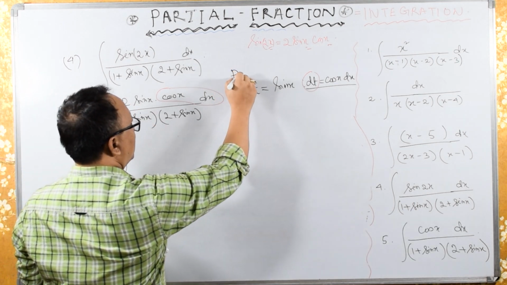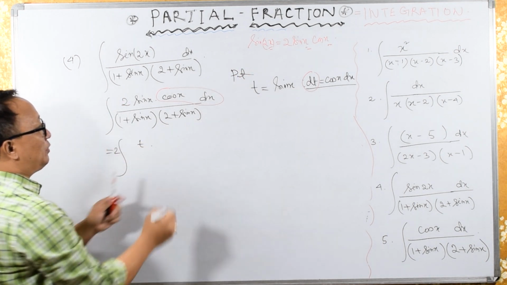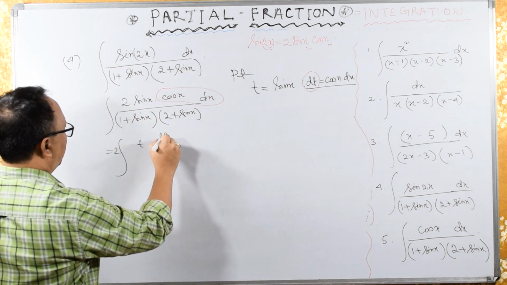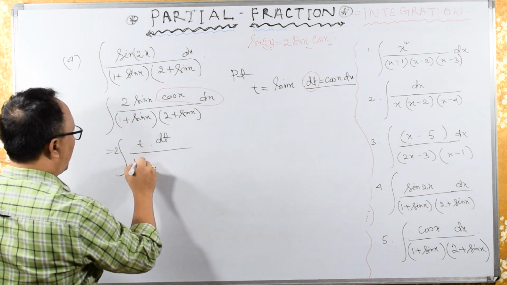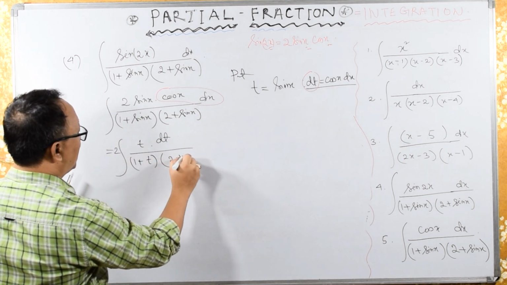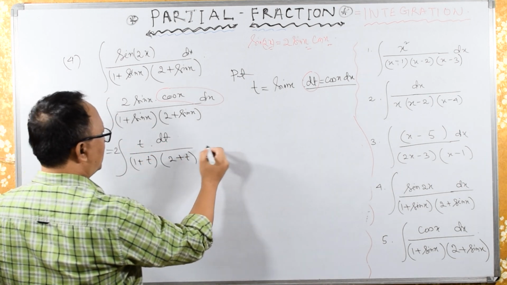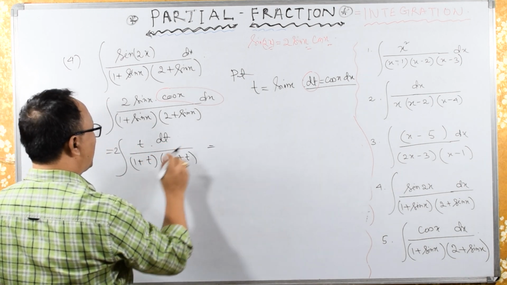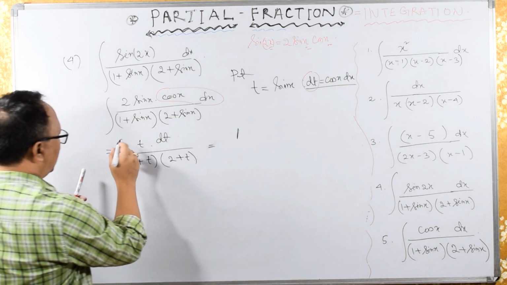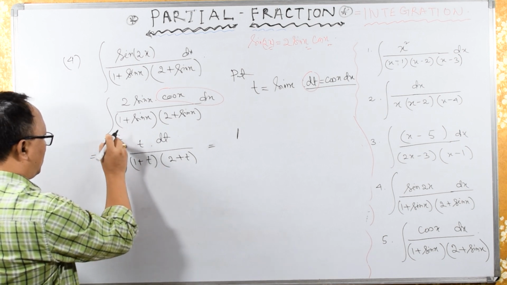Here, put t upon t into cos x dx, which is dt. So dt upon 1 plus t into 2 plus t. This is the same as, let's take 2 outside for the time being.